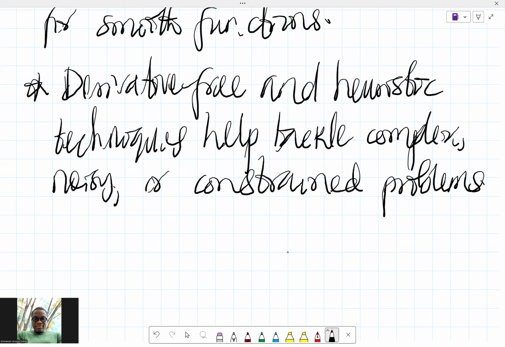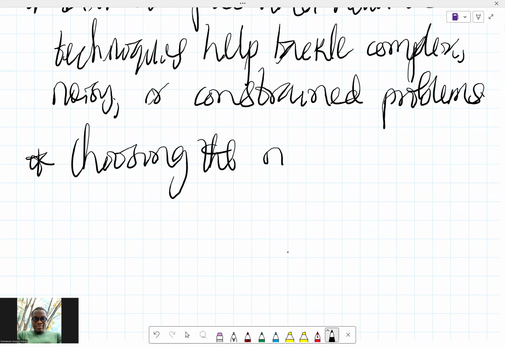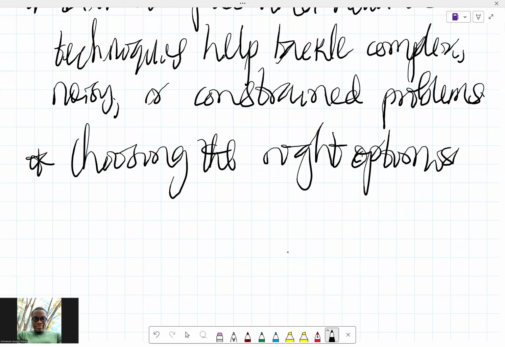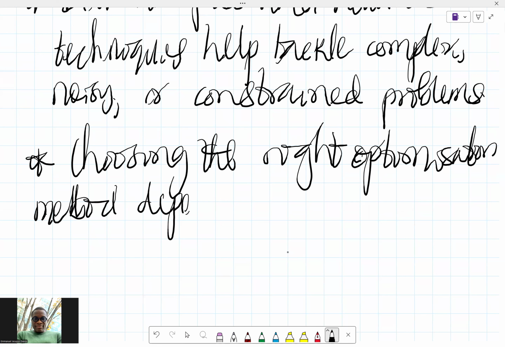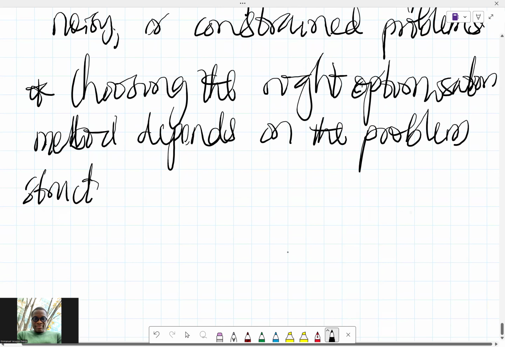So choosing the right optimization method depends on the problem structure, computational constraints, and the desired accuracy of the solution. I think that's also a very important point to note. What does the problem look like?